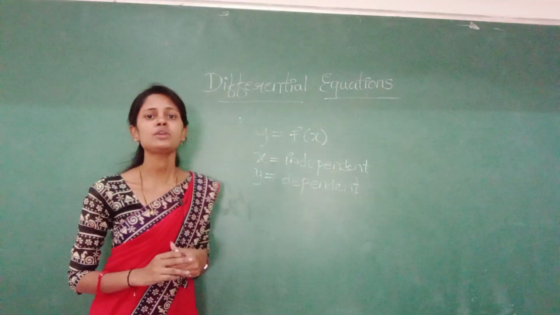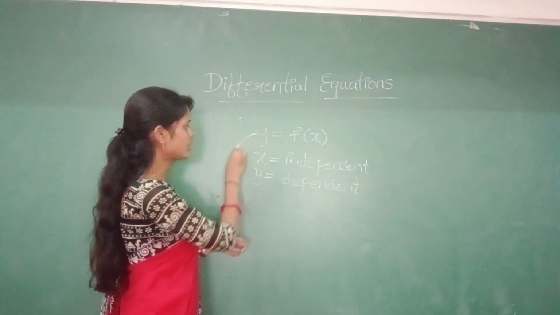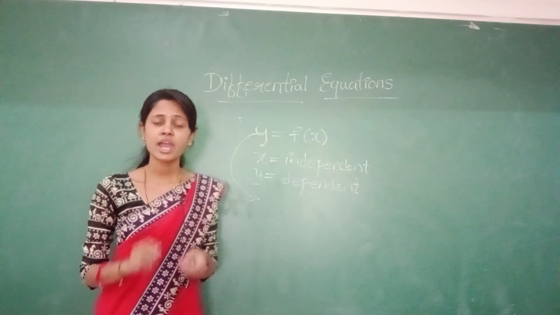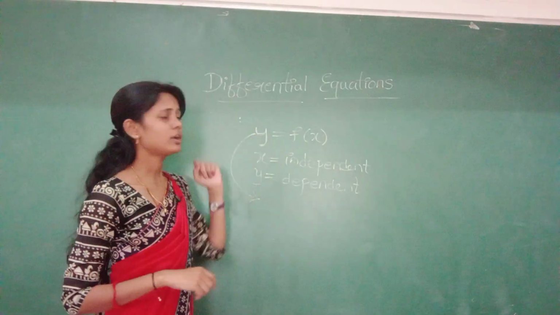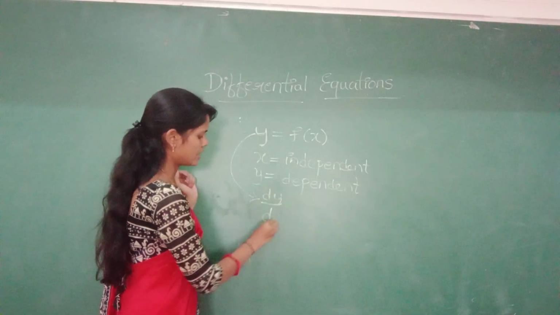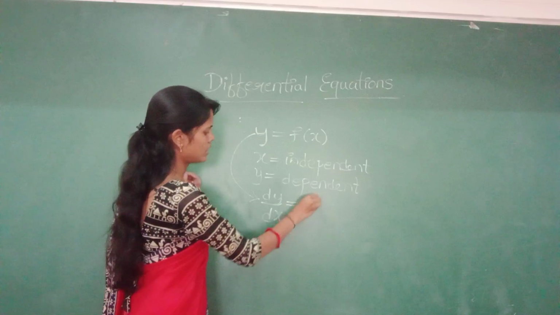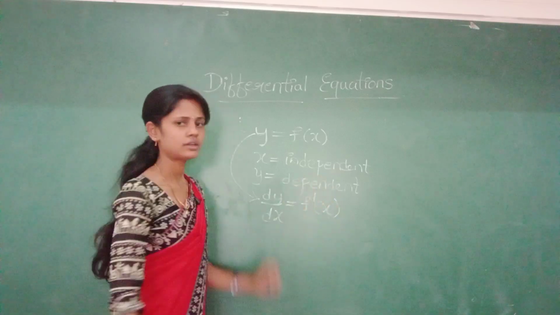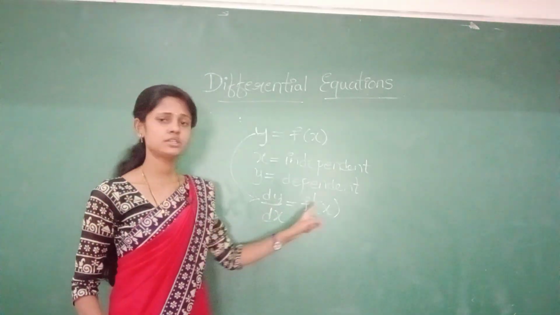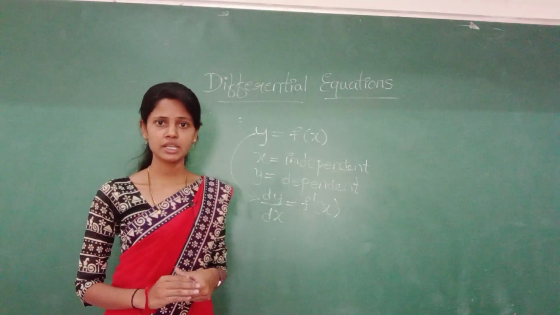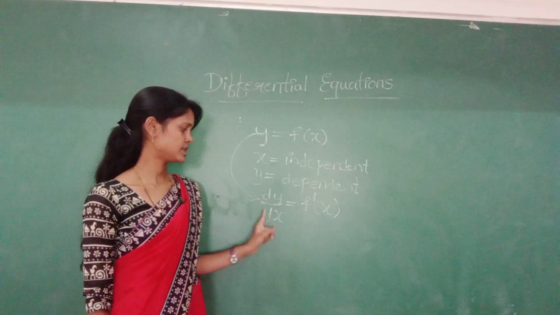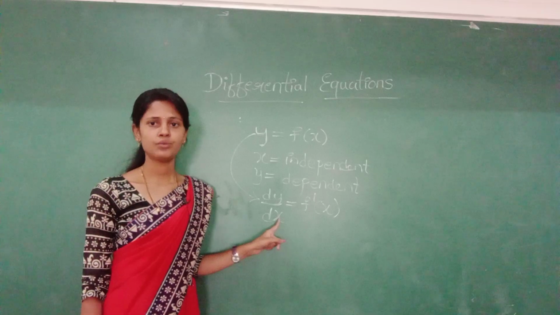Suppose we want to write the derivative for this function y = f(x). Then dy/dx = f'(x). This is the first derivative. We read it as the differentiation of the dependent variable with respect to the independent variable.